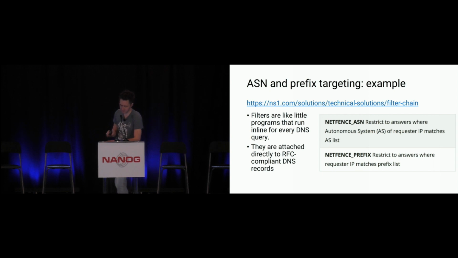With that in mind, some DNS operators recently started offering more granular approach to balancing. Here, for example, is NS1 and their netfence filters, which can be used to subsequently refine answer policies for different AS numbers and prefixes. So in case your South Korean users start complaining about increased latency, which might be the case today because there are Olympic Games there, and a lot of your customers are probably there, you can simply add specific policies for problematic Korean prefixes.